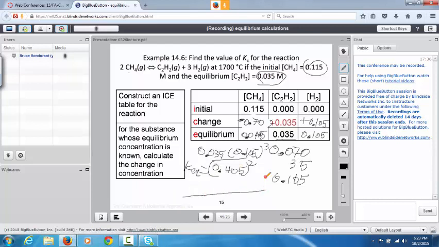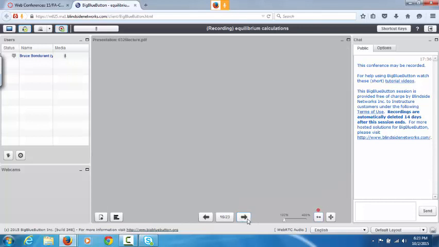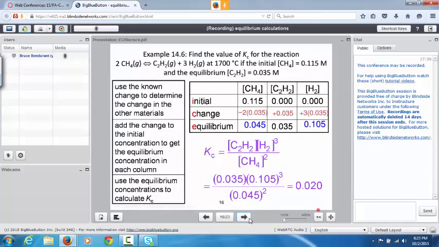That would give you your KEQ. And total then being 0.020.